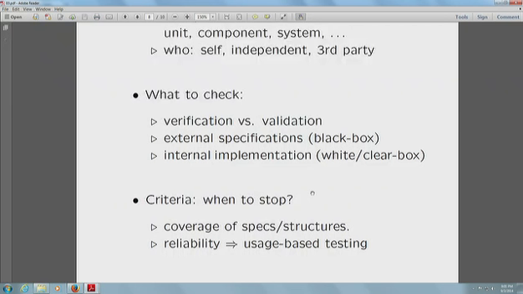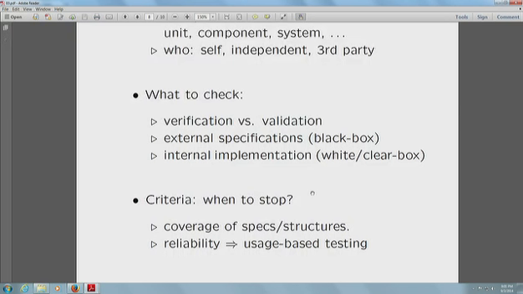When do you stop the implementation activity? When I have all the functions implemented. For testing, you say, when I have all the functions tested. What do you mean by all the functions tested? You cannot test all the combinations, all the possible input. No way. You can have partition. Yeah, so you can do the partition, you can do this, and you can do that.